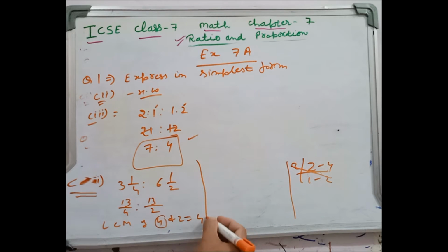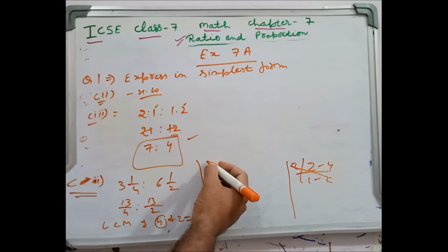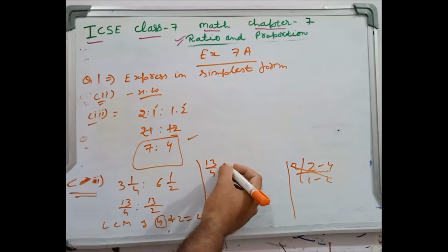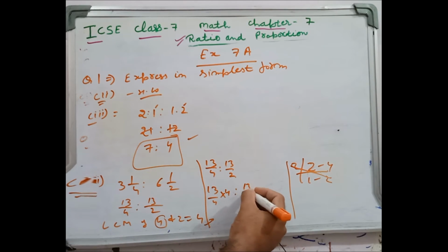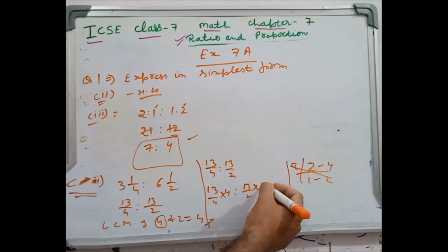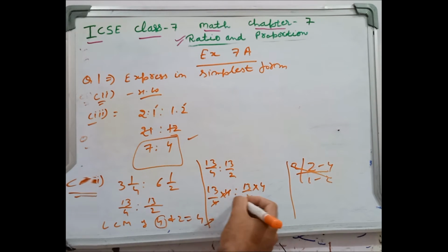Now, LCM is 4. We have 13 by 4 ratio 13 by 2. Now what will we do? 13 by 4, we will multiply this LCM with both. 13 by 2, no sorry, multiply by 4: 4 gone, 2 2s are 4. So this is 13 ratio 26. 13 1s are 13, 13 2s are 26.